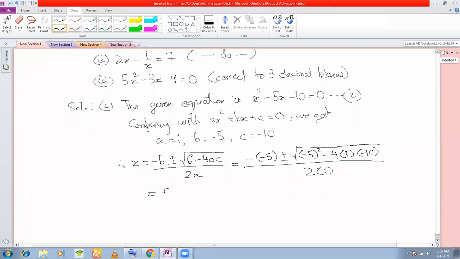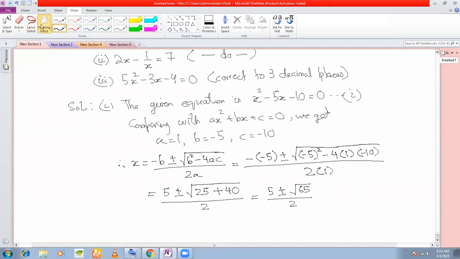So this is 5 plus or minus root over of 25, and minus minus combines to give you a plus sign here. 4 into 10 is 40, divided by 2. This is equal to 5 plus or minus square root of 65 you are getting here, divided by 2.